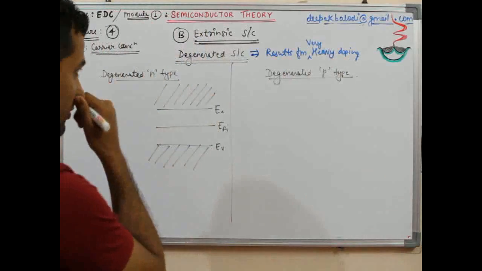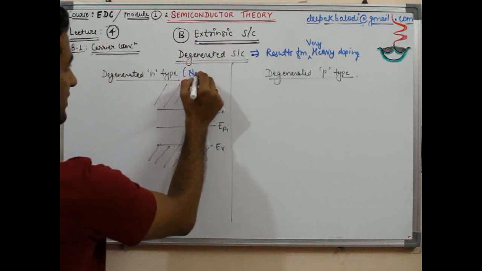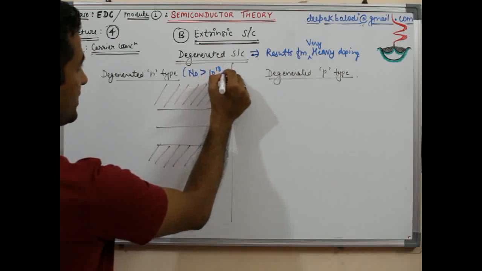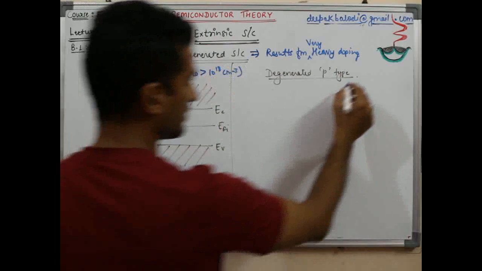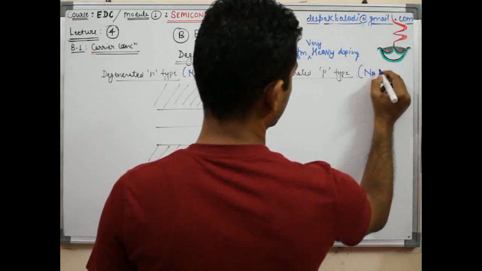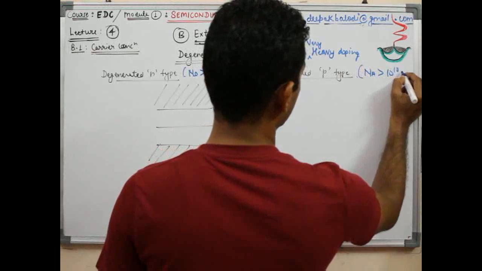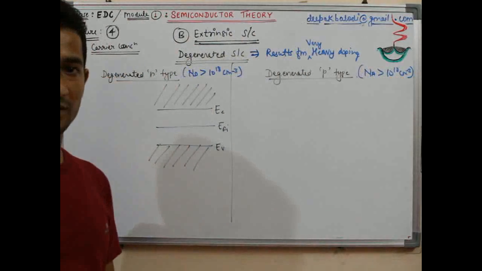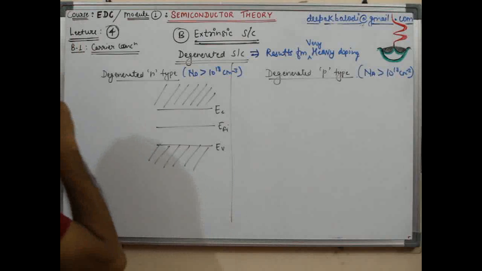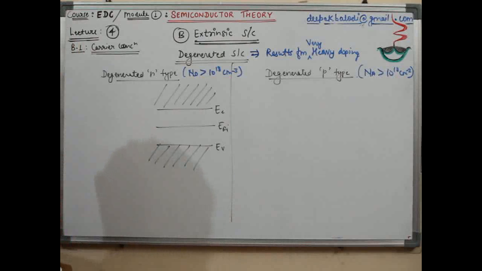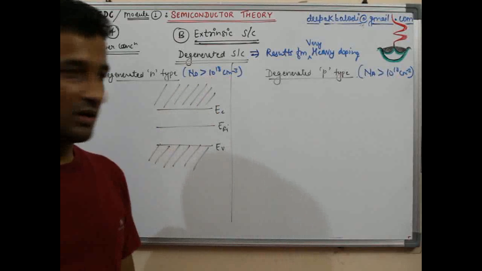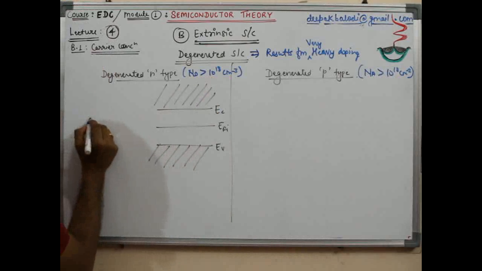So if the doping, that means ND for N-type, is greater than 10 to the power 18 per centimeter cube for silicon, and for P-type, if Na is, let's say, greater than 10 to the power 18, then what will happen? Like, let's say ND is equal to 10 to the power 19 per centimeter cube concentration, then now what is the case?